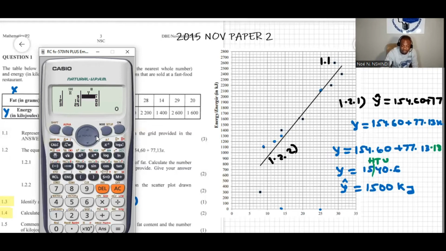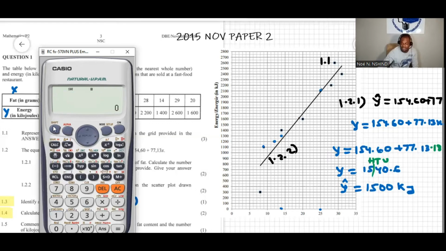They are 1100, enter, 1300, enter, 2100, enter, 300, enter, 1200, enter, 2400, enter, 2200, enter, 1400, enter, 2600, and then 1600, enter.